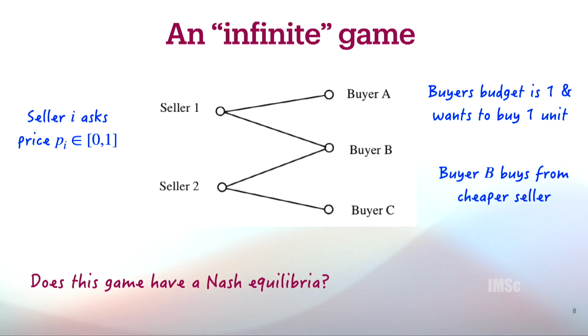Now these sellers have this thing that they can't do price discrimination. If he's selling a product to buyer C at a certain price, he has to sell the same product to buyer B at the same price. Now the question is, what kind of price should the sellers ask so that they get the best possible payoff?